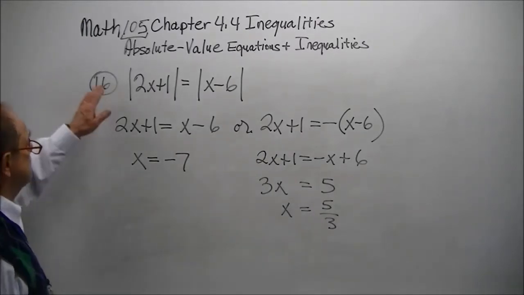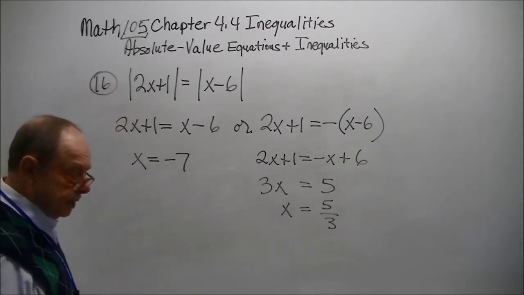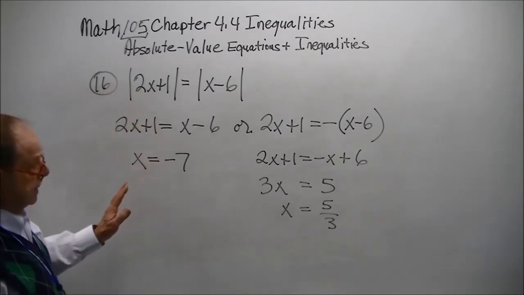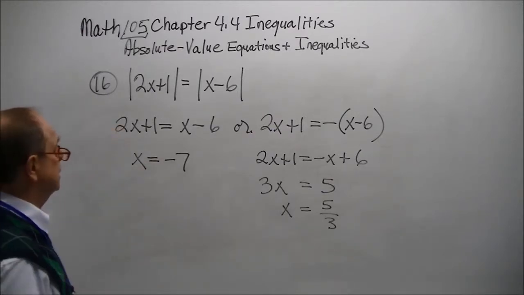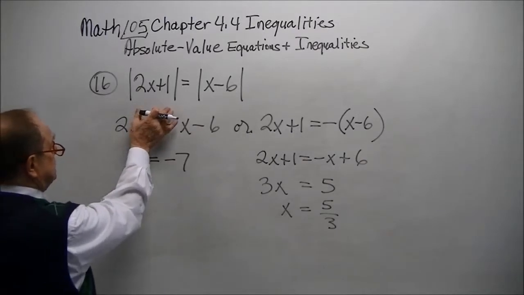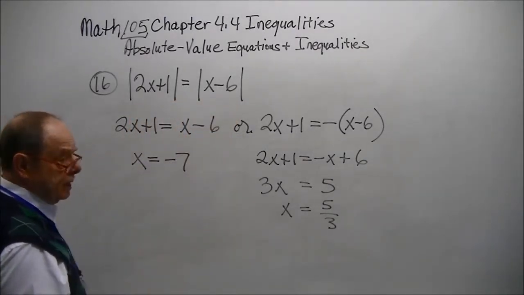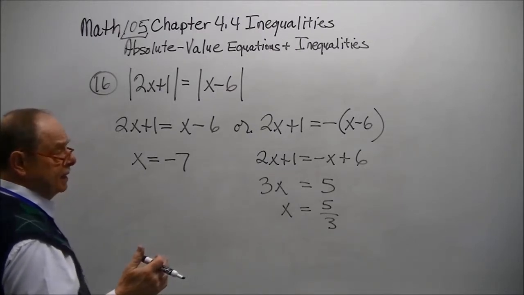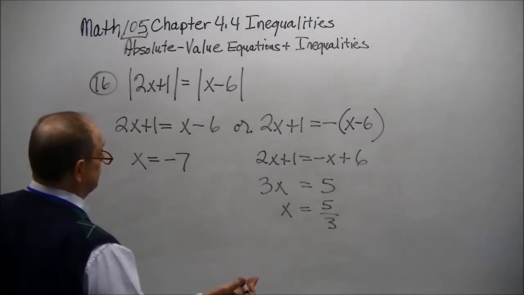As we look at number 16, and then there are 17, 18, and a few more examples that are like this, I'm only going to do one to show you how it's done. So here we have the absolute value of something equals the absolute value of something. But we know in our technique that when we take the absolute value of something, it could also be a negative.